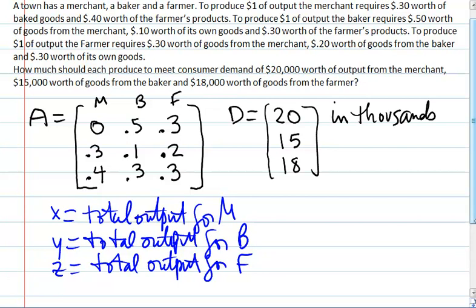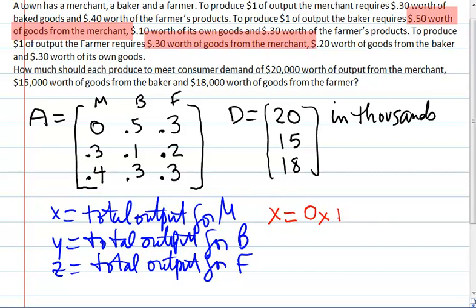So let me write a system of equations that models this situation. X, the total output from the merchant, where does it go? Well, none goes to himself. So for each $1 of output, he doesn't want any of his own goods.